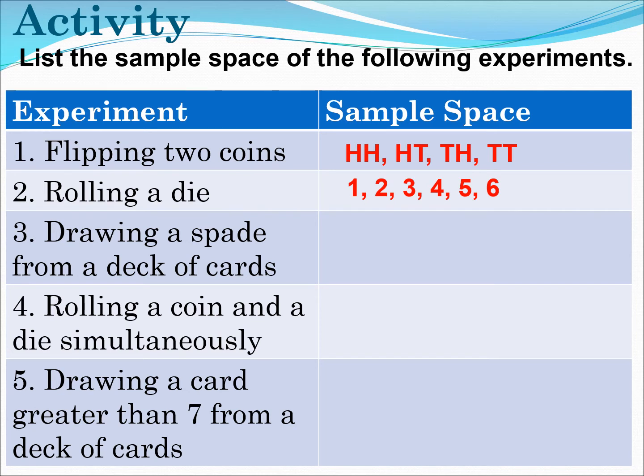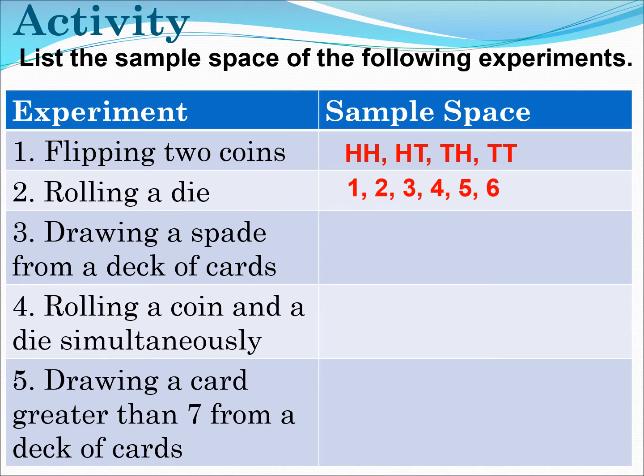How about drawing a spade from a deck of cards? In one deck of cards, we have 52 pieces: 13 pieces for hearts, 13 pieces for diamonds, 13 pieces for spades, and 13 pieces for clubs.